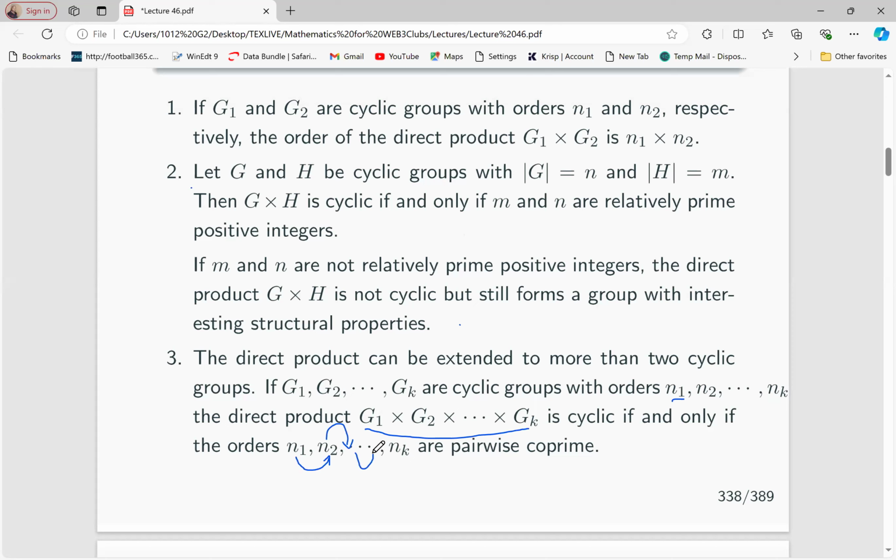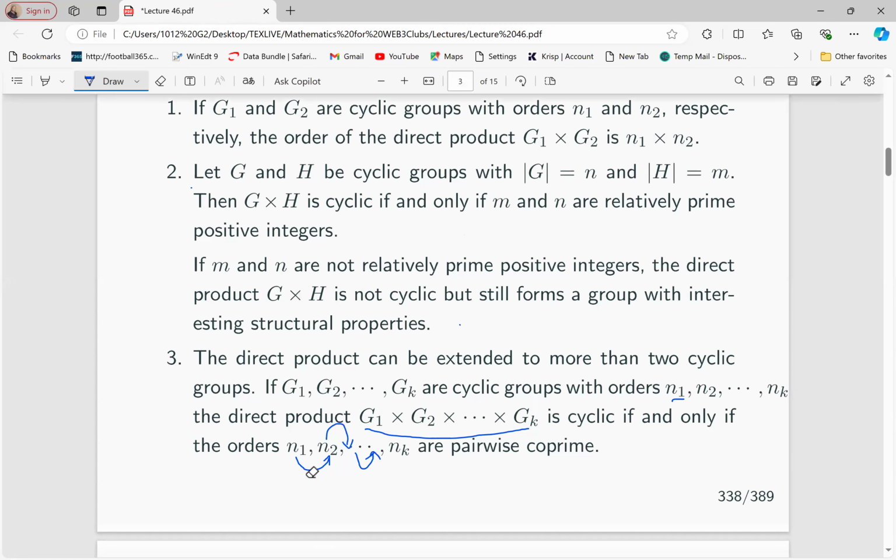And I repeat, relatively prime means we are finding out whether the GCD is 1. So every time you pair two orders, you find the GCD is 1.